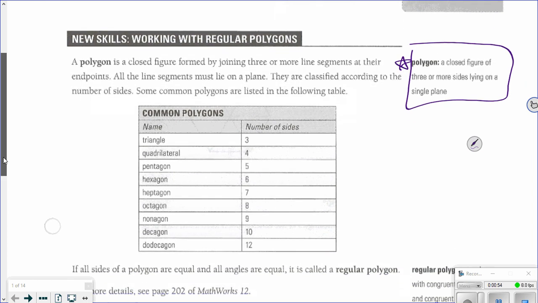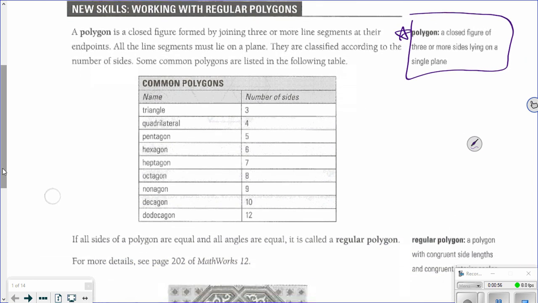The hardest thing about working with polygons is knowing how many sides they have from the names. Okay, these are something you have to memorize. If any of you guys did Science 20, Science 30, probably Science 10, Chem 20/30, maybe even Bio, some of these prefixes should be familiar to you.